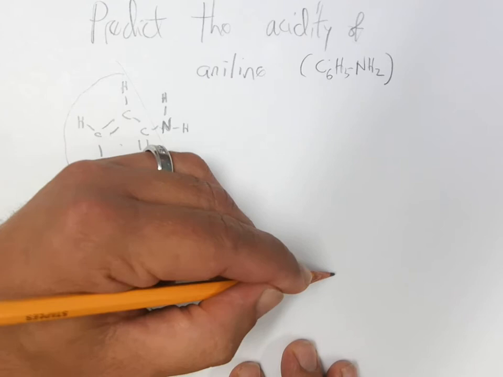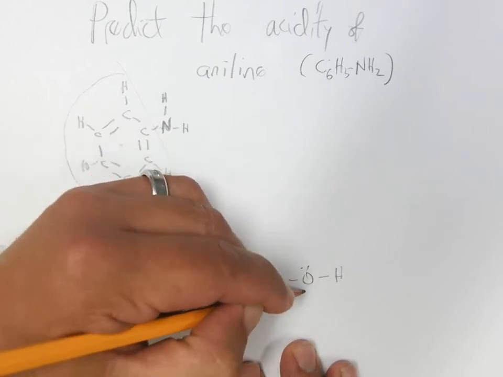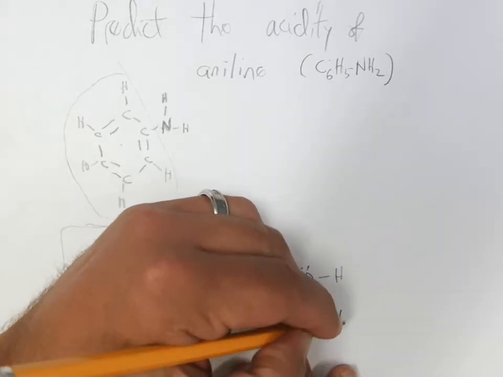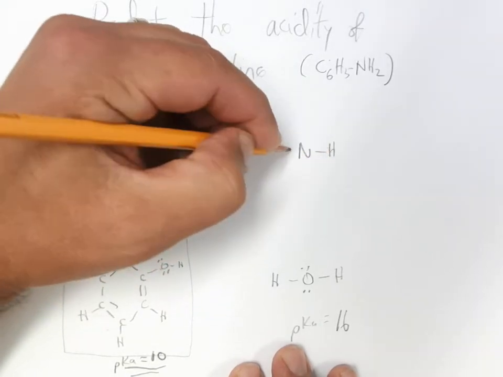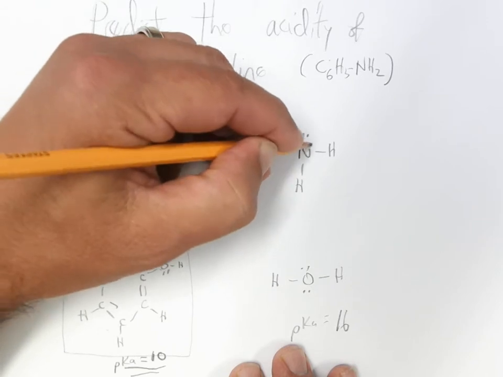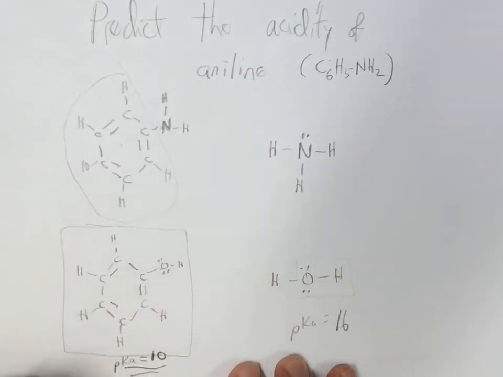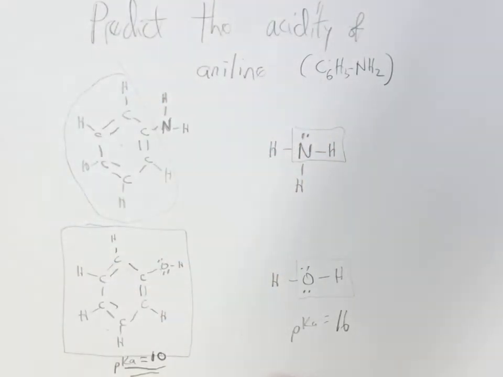So that's where I might compare water, pKa equal 16, to ammonia. Right, so in this case I have an OH group just attached to hydrogens. Here I have an NH group just attached to hydrogens.